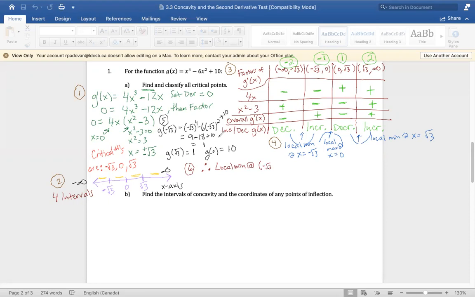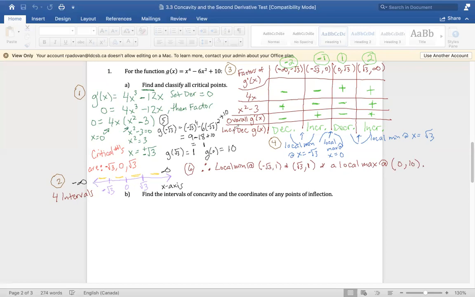When we subbed that in, we got 1. And I also have a minimum at the x value of positive square root of 3 and 1. So I have a local minimum at those 2 points. And a local maximum at 0. And when I plugged in 0, I got 10.